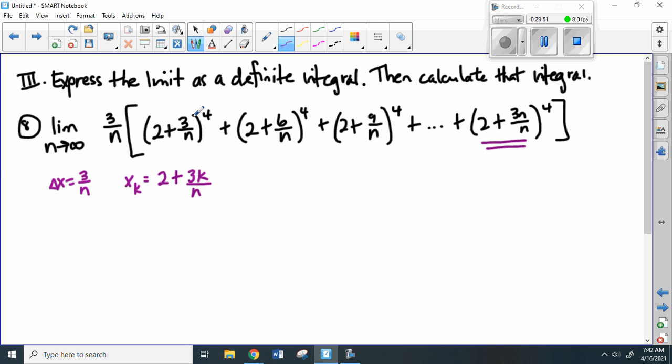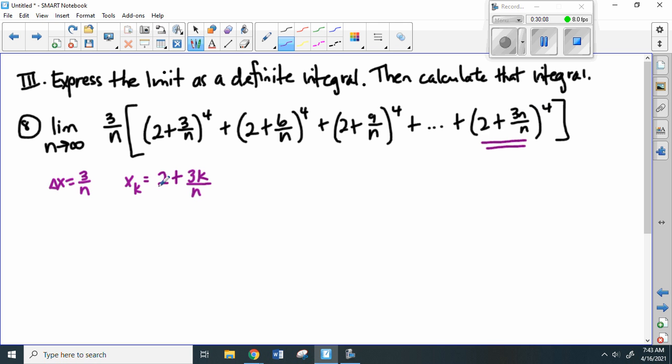Remember, k is the rectangle, so the first rectangle would make this 3 over n. The second rectangle, if k is 2, that's how I got a 6. When k is 3, that's how I got a 9. And then at the very end, when k is n, that's how I get the last one.